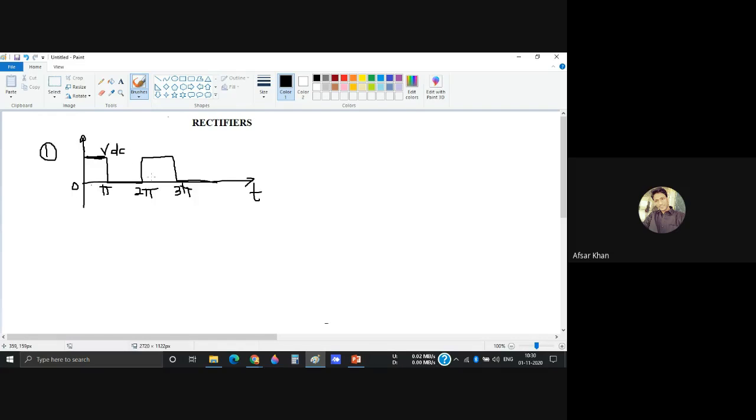Just as we have seen previously for a square wave, what is the formula for the average value? Anybody tell me. V average, yes Chaitanya: magnitude into T on upon total time. For such a waveform, you don't need to do any integration.